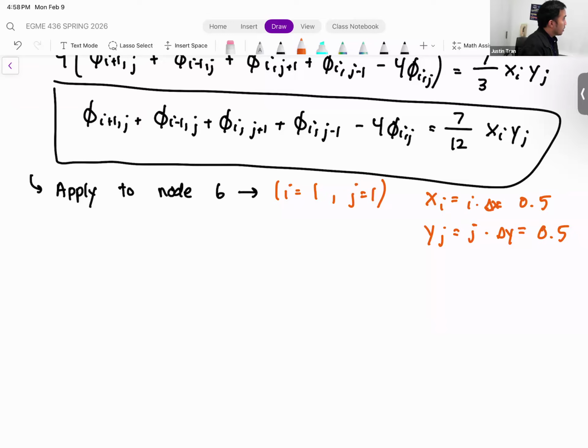All right, and so let's just start plugging it in. One way you can do this is you can plug in the ij into every single term here.